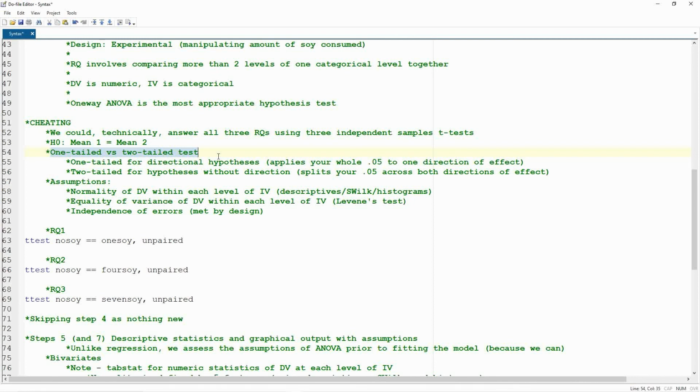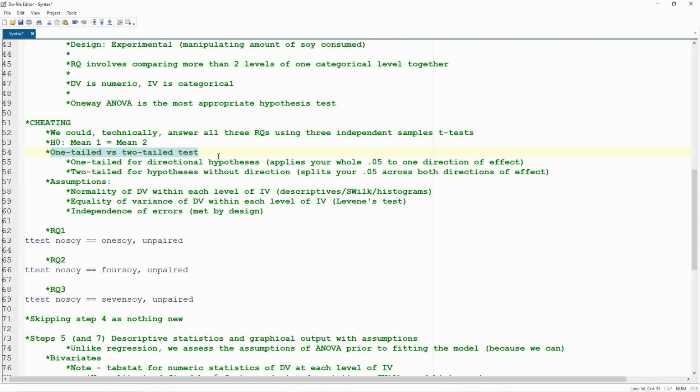So if we're saying that mean 1 will be higher than mean 2, then all of our 0.05 will be banked onto the T-test directly comparing mean 1 being higher than mean 2. If we expect mean 1 to be less than mean 2, then it will bank the entire 0.05 on mean 1 being less than mean 2.